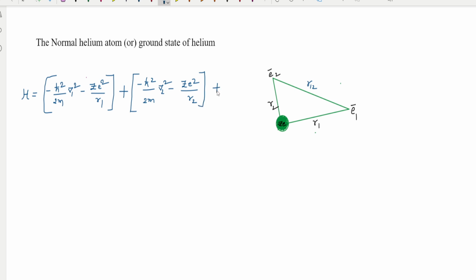Okay, plus, because of electron-electron interaction we generate some electrostatic potential, that is e square divided by r12.